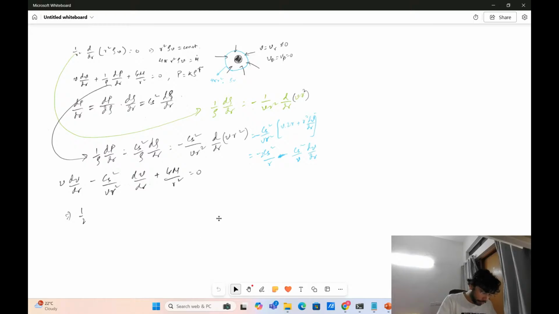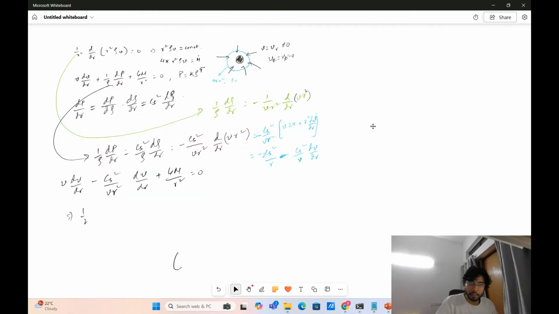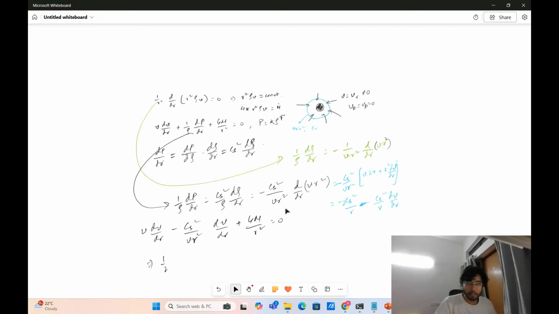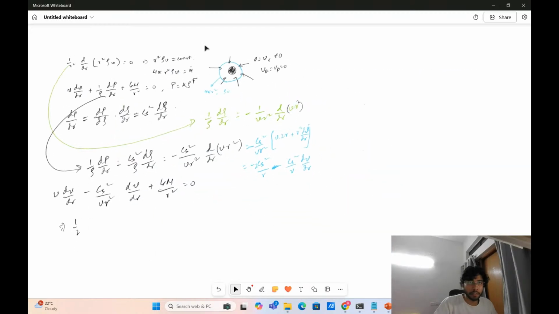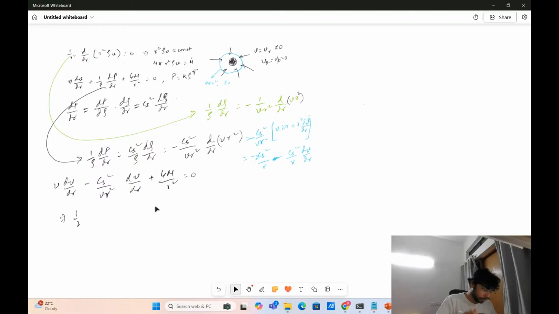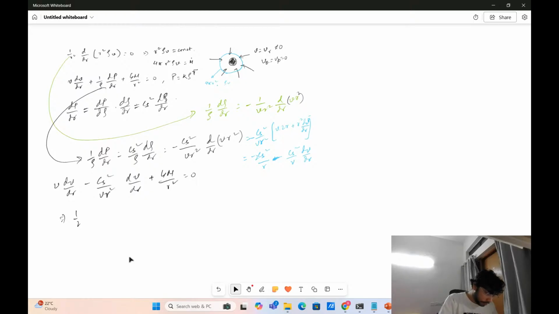So the final equation, what they say, should reduce down to this. Let me write down the final equation.